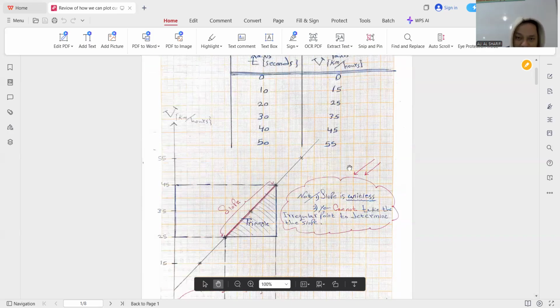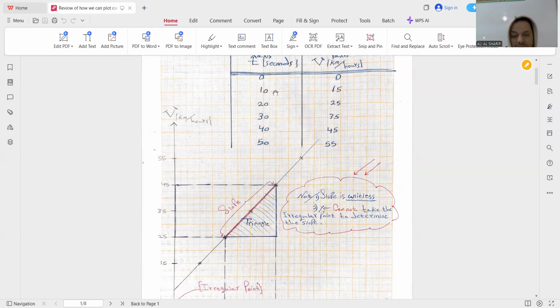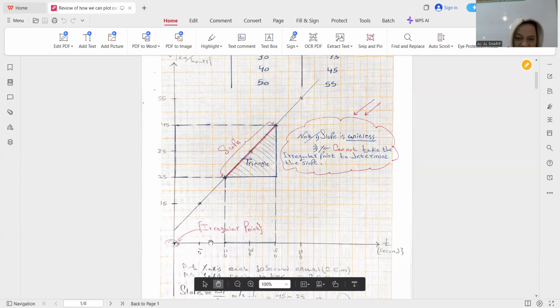I have here some numbers. At first, I must know how many centimeters each 1 second equals. It's necessary for all of the x and y. At first, here I said every 10 seconds equals 1 centimeter.